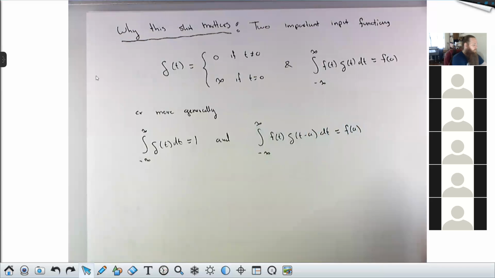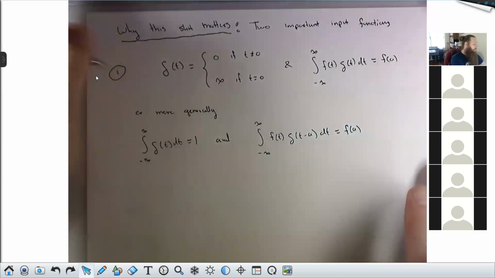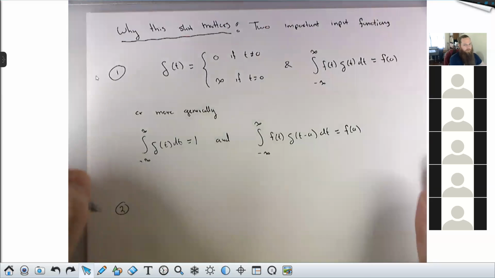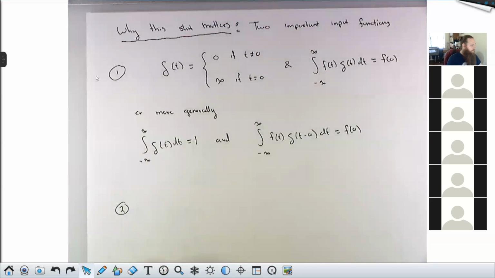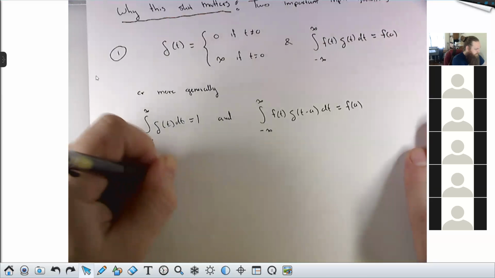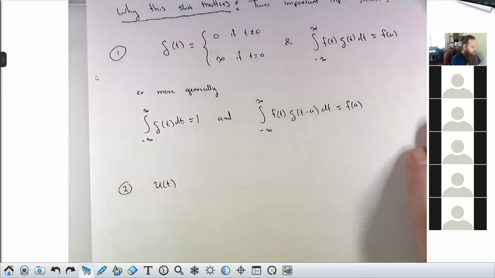So this is the first very important input function in application problems, real world problems, which are just barely beyond the scope of this course. Almost to a place where we could do it, but I would need another 4 weeks. The other one, your book calls the unit step function, u of t.